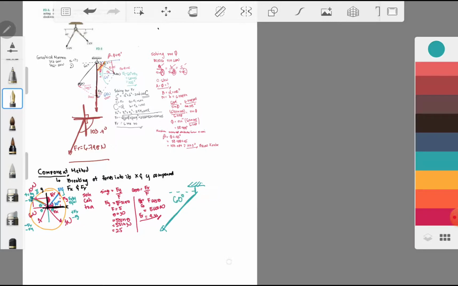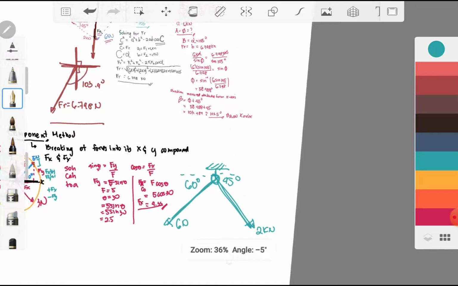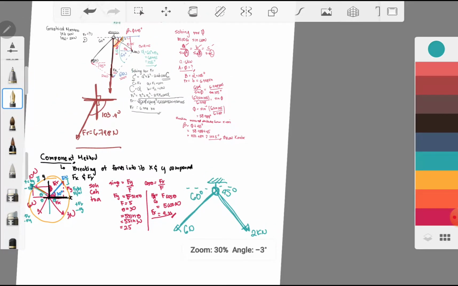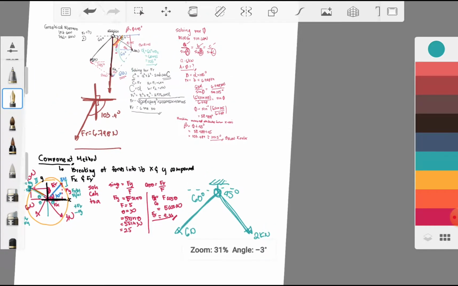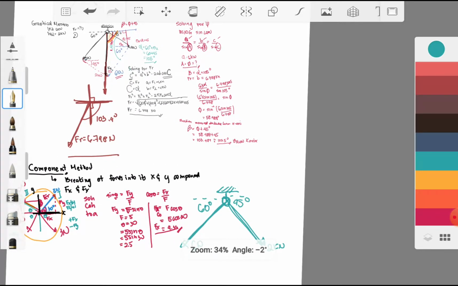And then we have 45 degrees for your 2 kilonewton. If we use the component method in solving for this one, be careful of your configurations, especially in the signs of your fx and your fy.